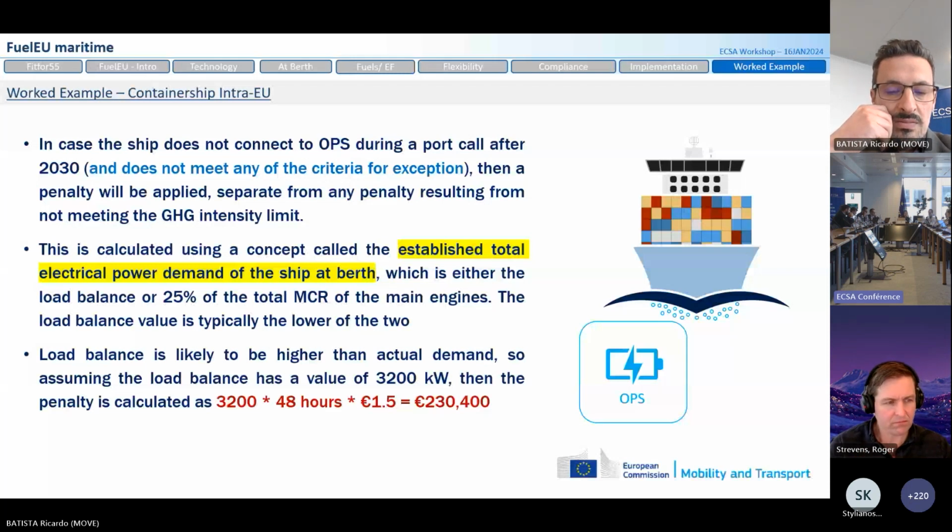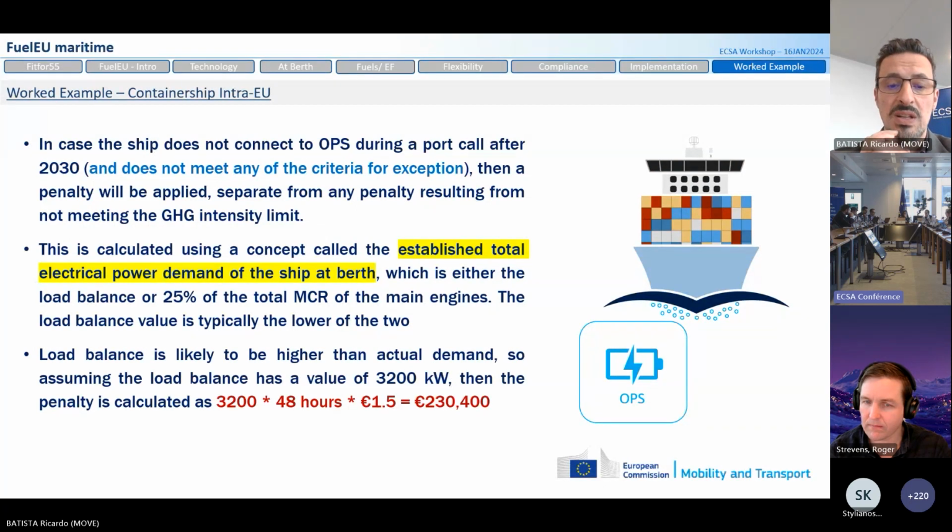For this penalty calculation, we will base ourselves on the established total electrical power demand at berth, which is either the load balance demonstrated and approved by class or administration, or 25% of the total MCR of the main engines. Bear in mind that the load balance is typically the lower of the two. So it's worthwhile checking if you have one available for your ship, as you will be able, in case a penalty is determined, to have a lesser amount calculated.